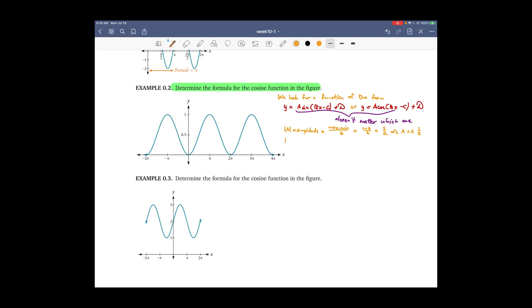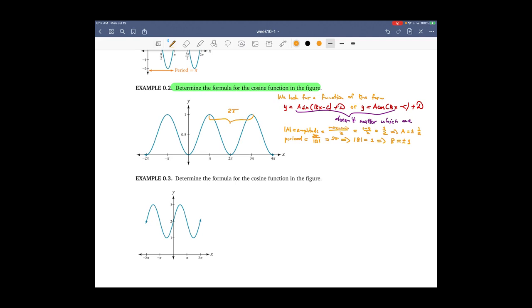What about the period? Period is, on the one hand, 2 pi over absolute value of b. On the other hand, it's the distance between two consecutive maxima. And clearly we see the period is 2 pi. So from here we see that absolute value of b is 1. So b is plus minus 1.